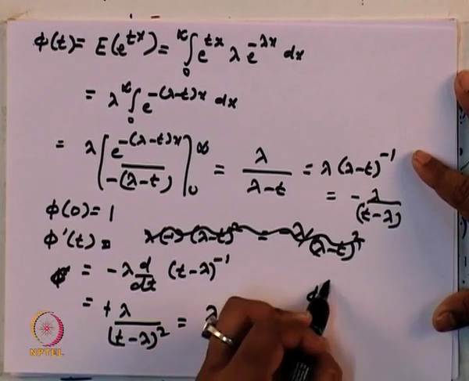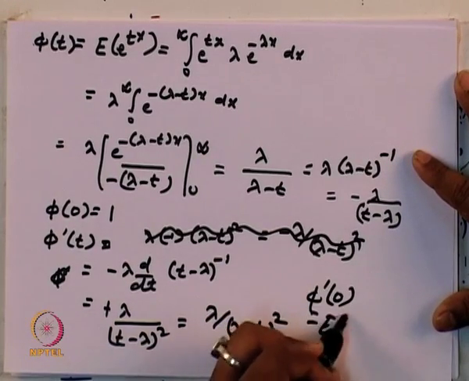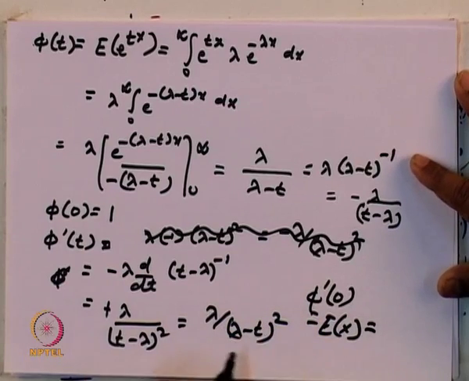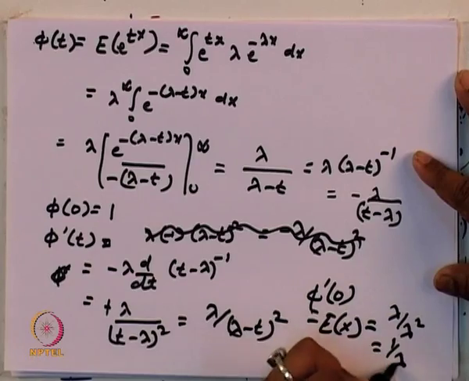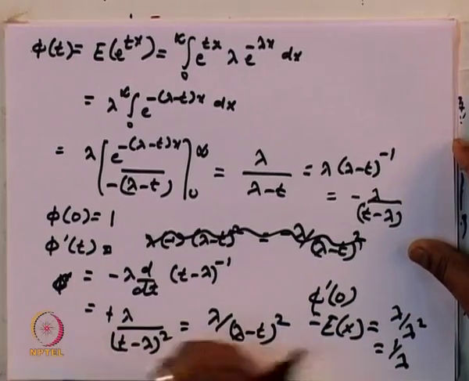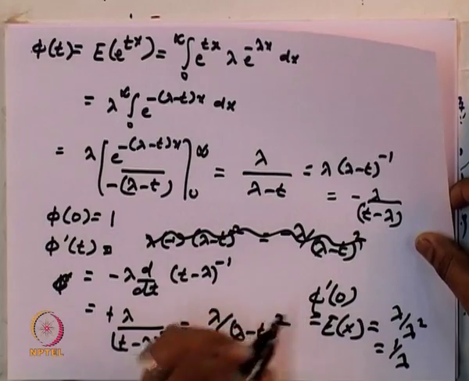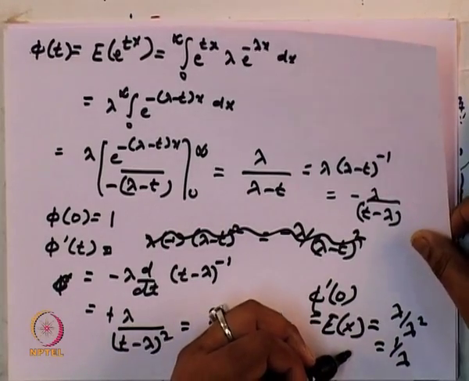So, phi prime of 0, which is nothing but the expectation of X, returns a value of lambda by lambda square, equal to 1 by lambda. So, the expectation of X gives you a value of 1 by lambda.